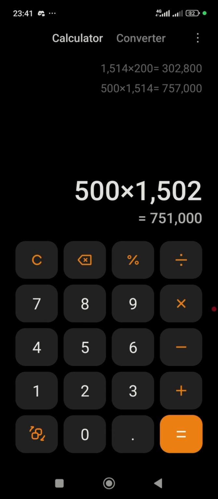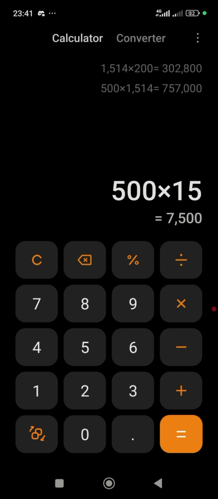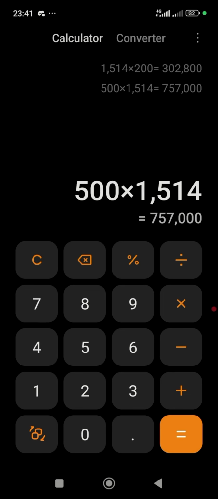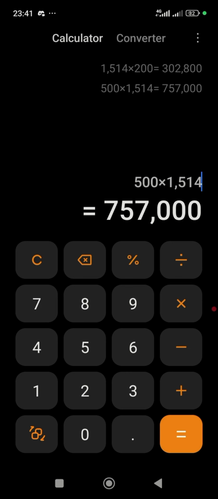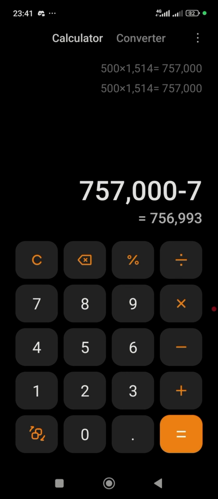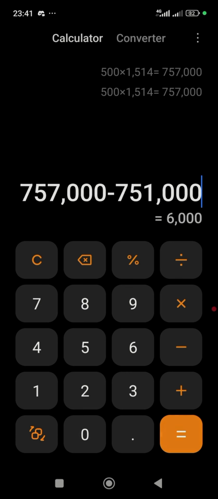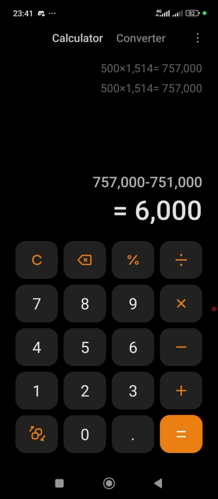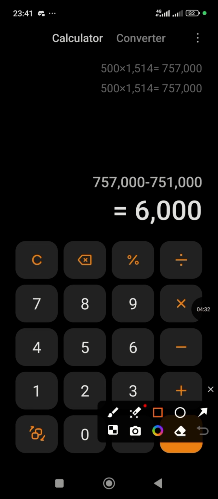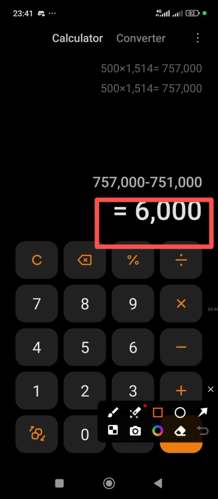Let's say I sell it at Bybit at 1,514. That means I'll be selling at 757,000. Minus 751,000, that means I'll be making a profit of 6,000 naira, which is this one. That's the profit if I'm starting with 500.